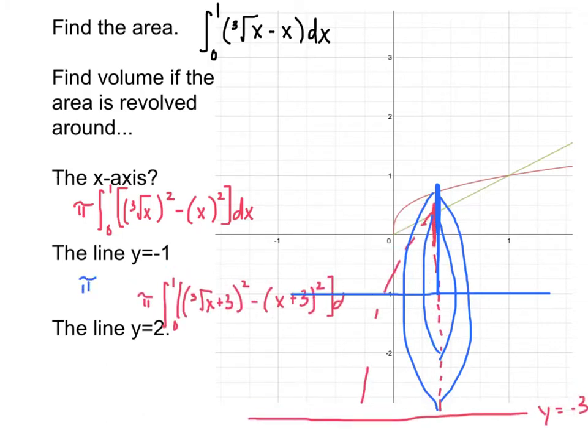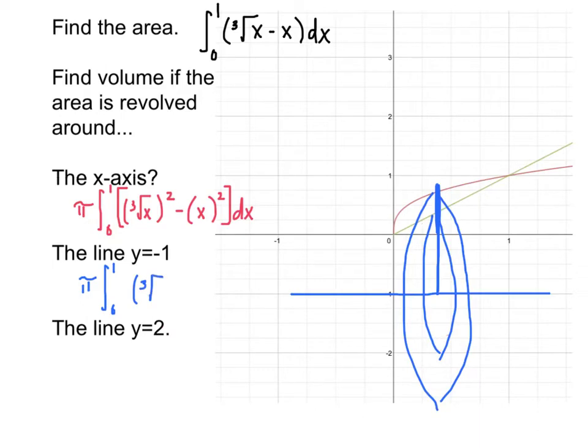We've got pi, still going from 0 to 1. I'm going to have the cube root of x plus 1 squared, because that's the new big radius. The other little radius will be x plus 1.